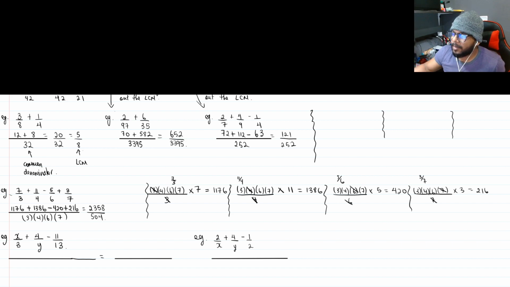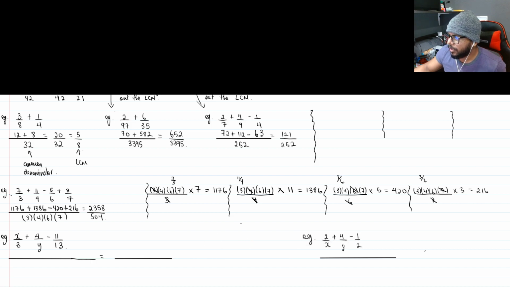I'm going to do the working using big denominator over small denominator multiplied by numerator. And in the last one here, we're going to learn how to do it a little quicker. So pause the video and try this first one for yourself. So the solution is going to start now.